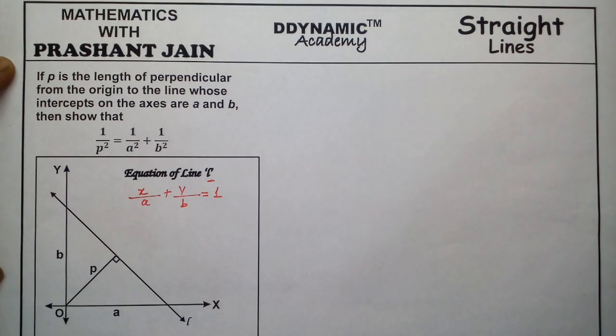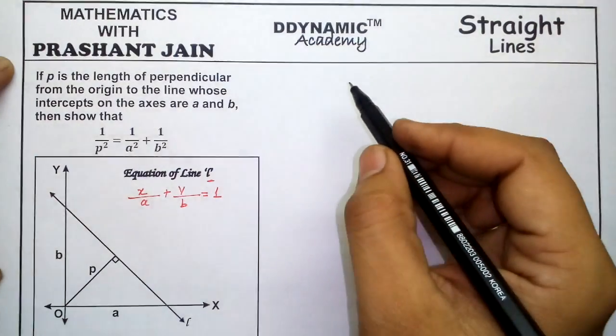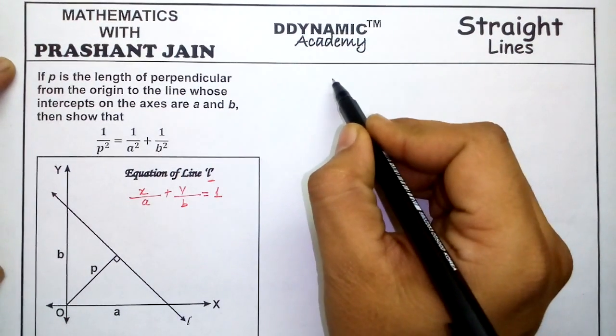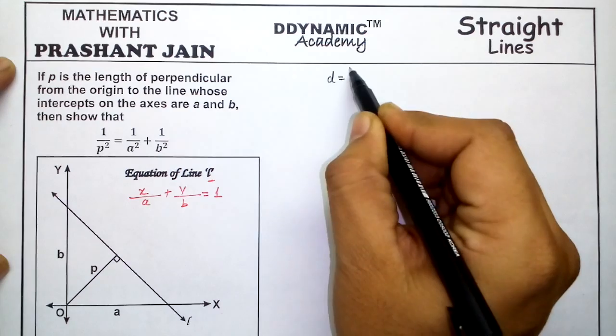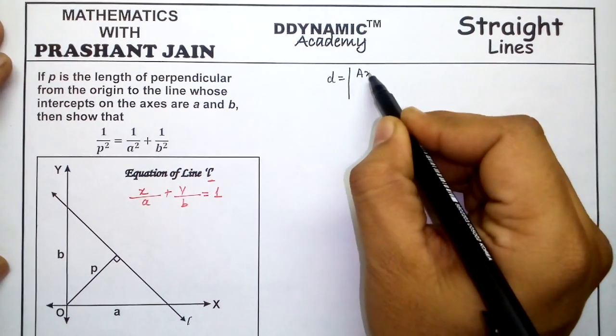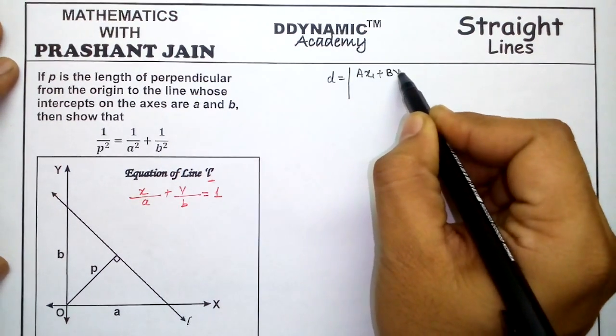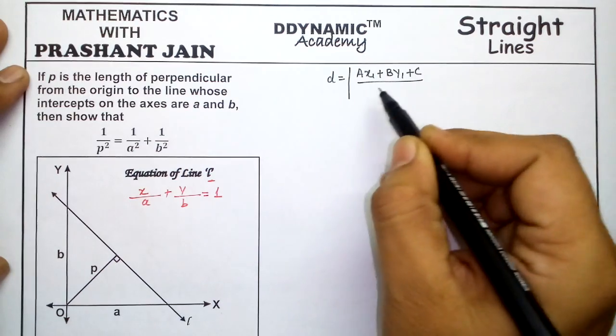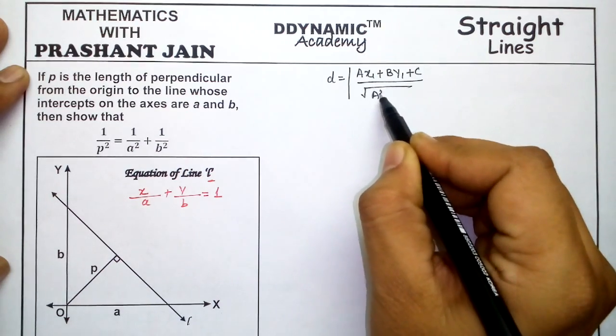Now we also know the distance between a point and a line, and the distance formula is d equals modulus of ax1 plus by1 plus c upon under root a square plus b square.